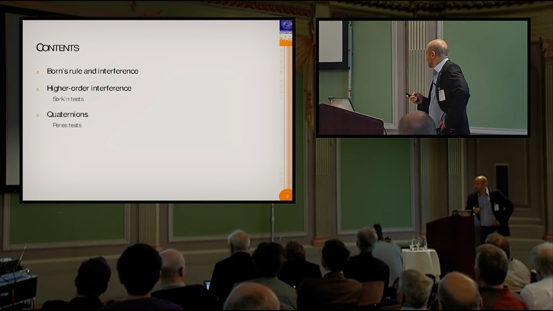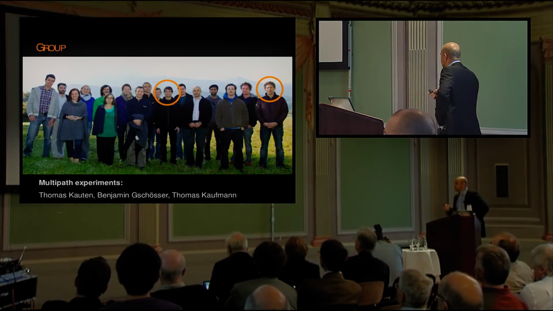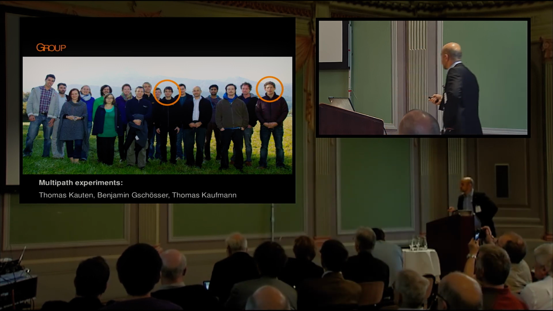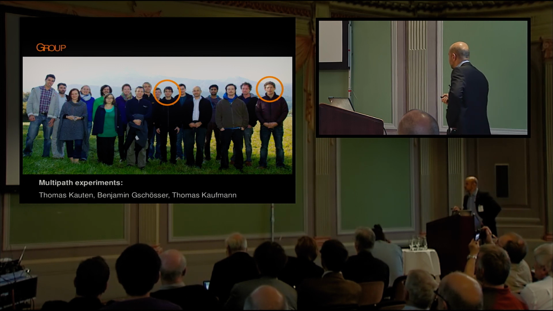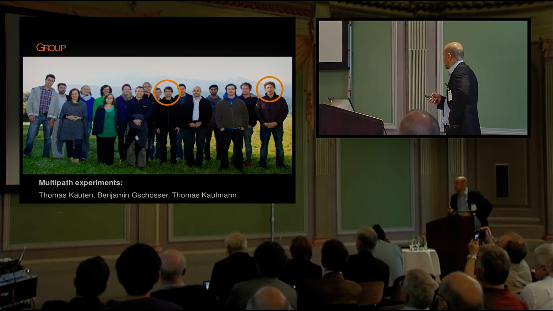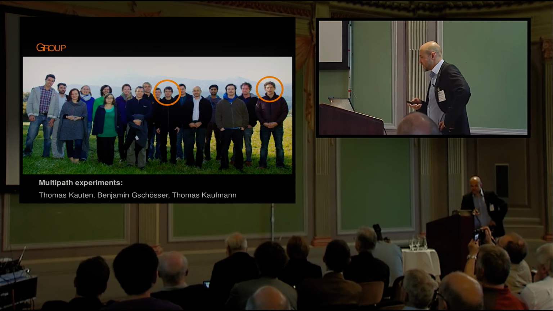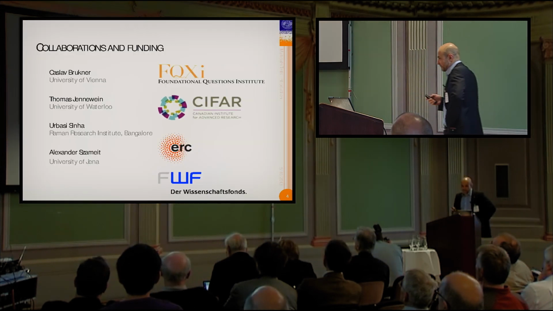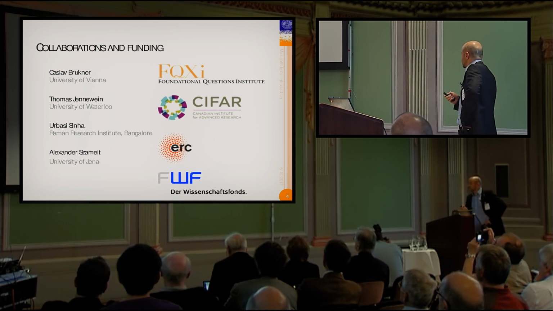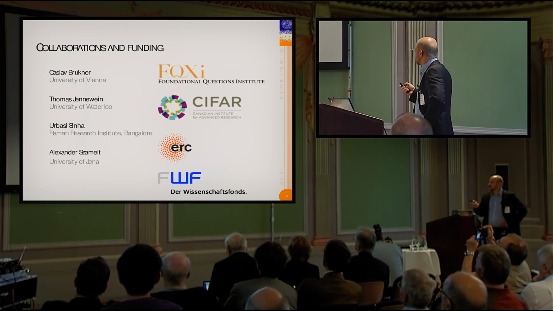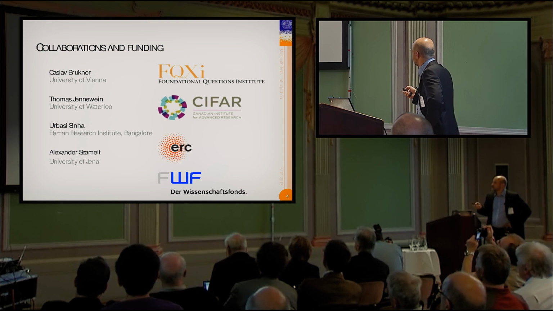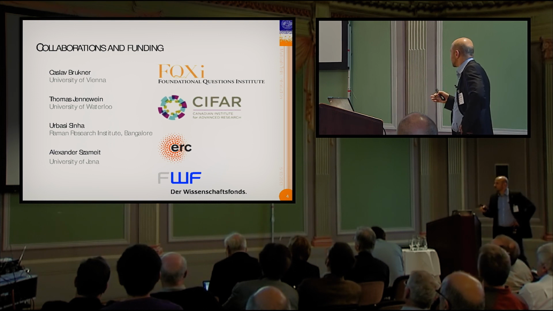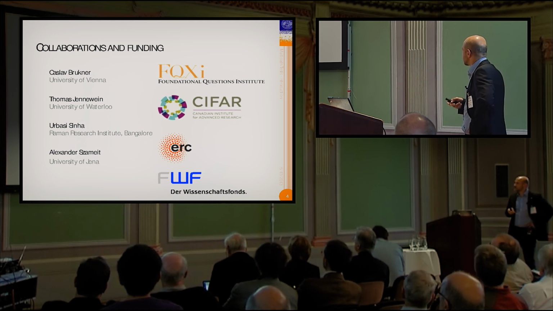All right. So let me start by introducing the people who did this experimental work. Thomas Kauthen and Benjamin Schösser. And now I also have a new master student, Thomas Kaufmann, who's working on this part of the project. You can see there are many more people who do other stuff, which you will not hear about today. I should also acknowledge the organizations who fund this, although it used to be the Foundational Questions Institute, and it's also CFAR. The lower ones don't have so much to do with this work.